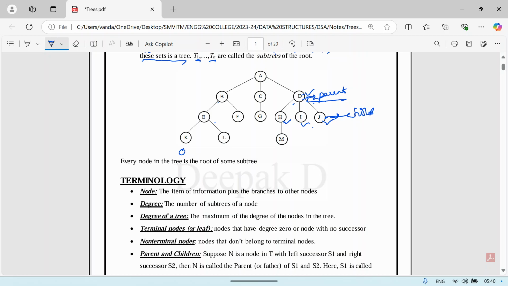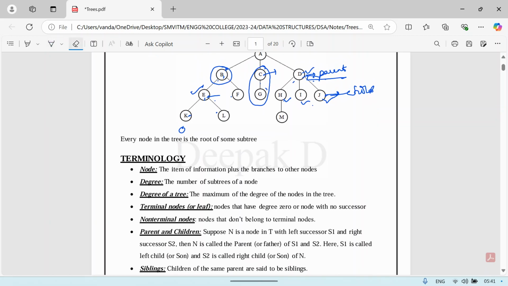And for the child nodes, if there is a node above it, then it becomes the parent node. For example, in this tree, C becomes the parent and G is its child. Likewise, B becomes the parent, its children are E and F. Likewise, E is the parent, K and L are the children.